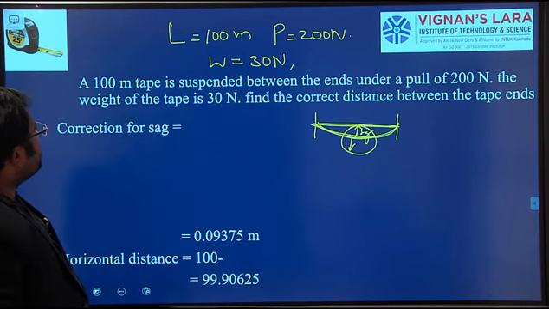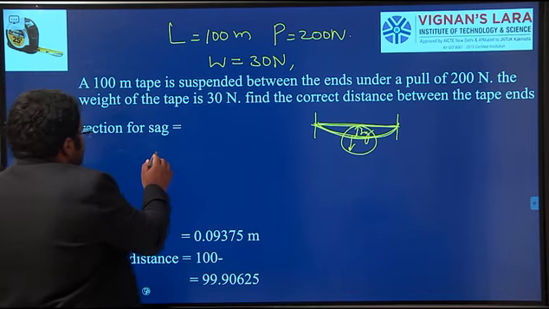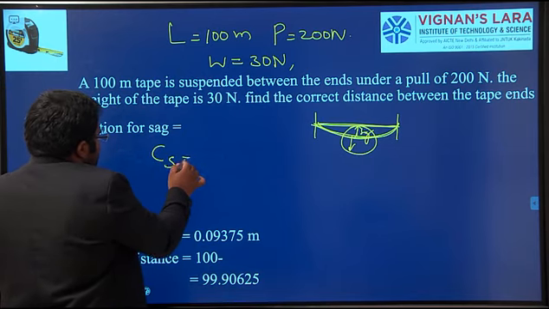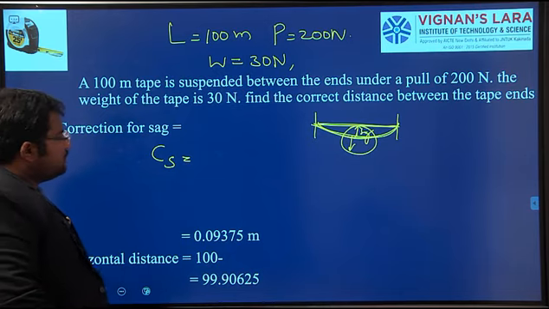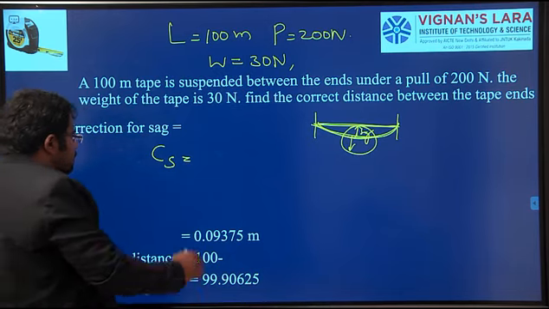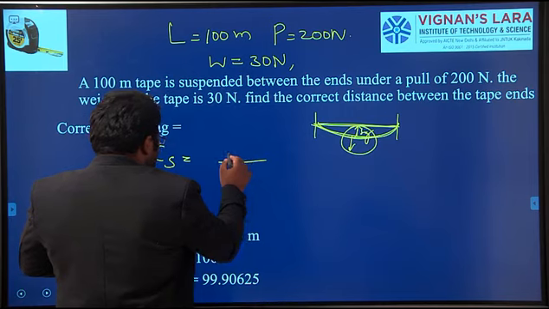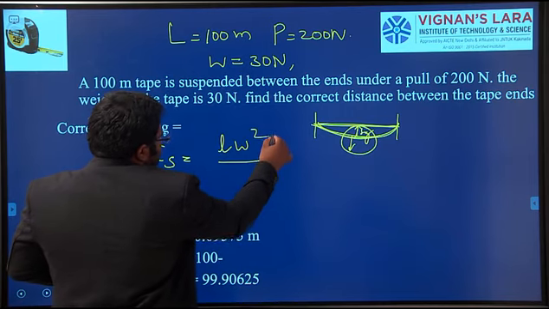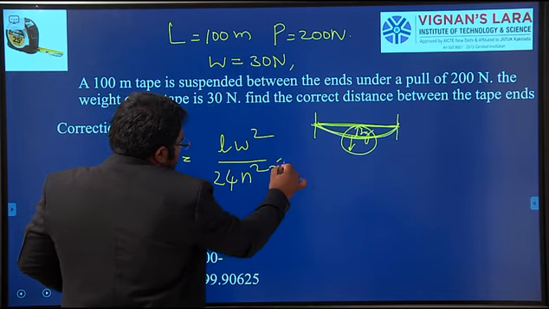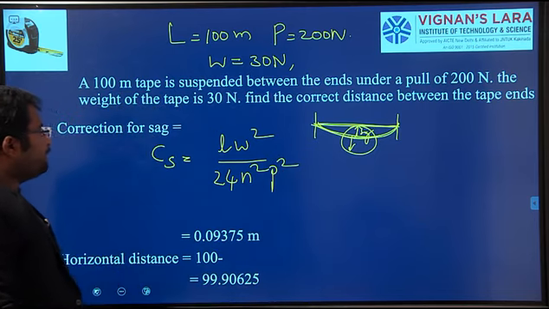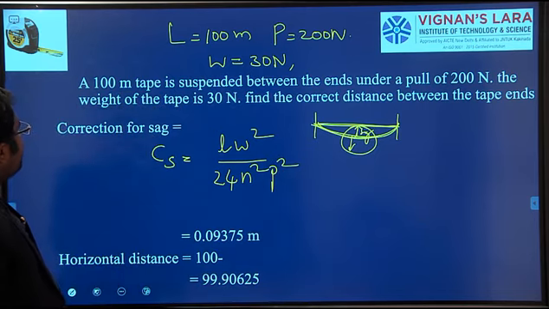Now, coming to the problem, here you can write correction for sag. CS is equal to, so what is the formula? L into W square divided by 24 into n square into P square. So what is the tape length given here?